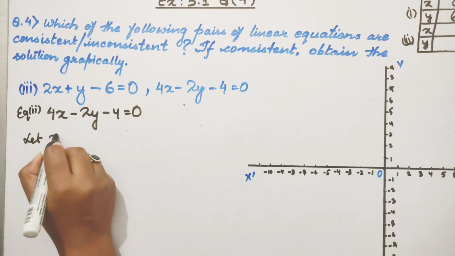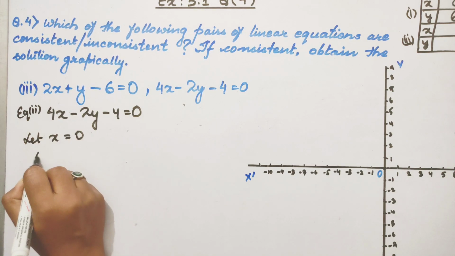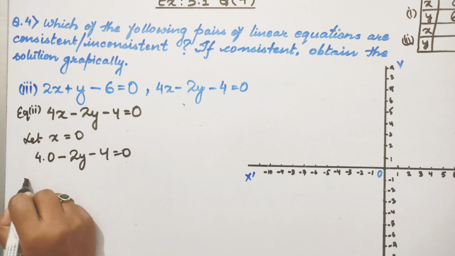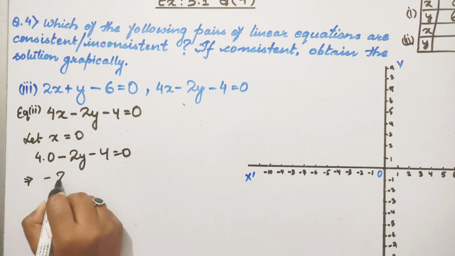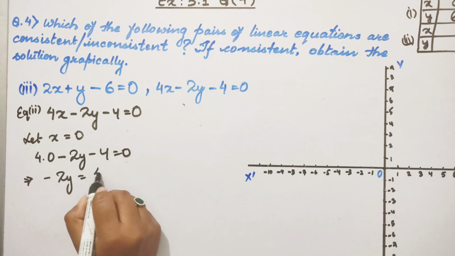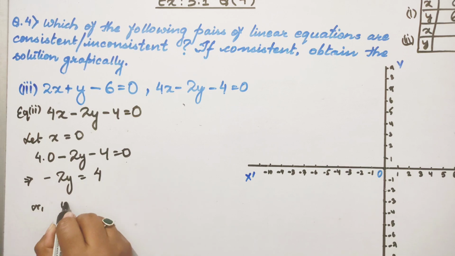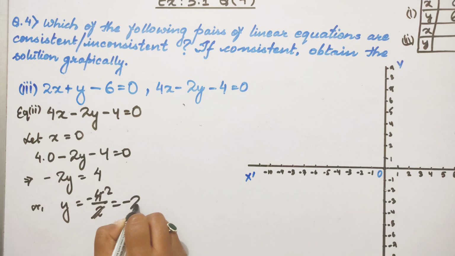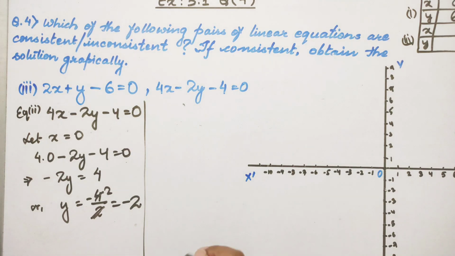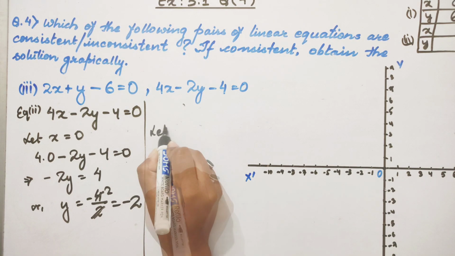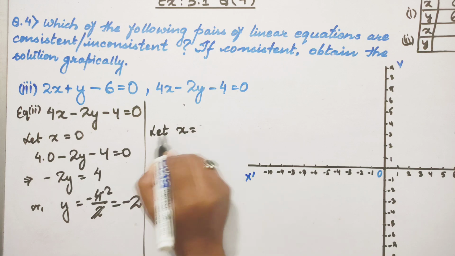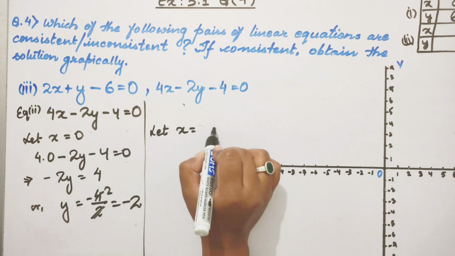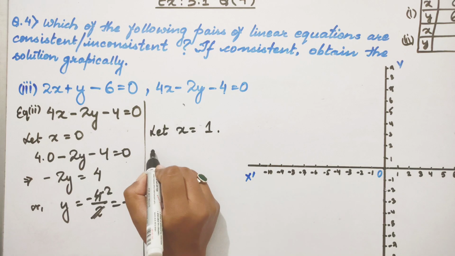Let's move to the next. Again, let us take x equals to 0. Then 4 into 0 minus 2y minus 4 equals to 0. 4 into 0 is 0, minus 2y equals to, when I take 4 to the right hand side, minus 4 by 2, that is minus 2. Let us check the next part. Let us take x equals to 1.